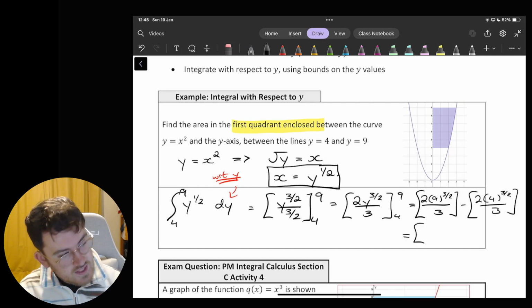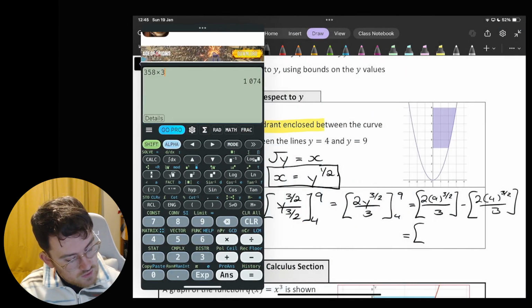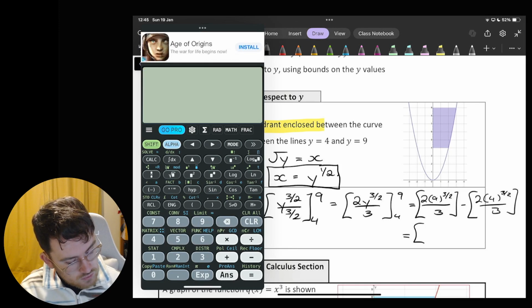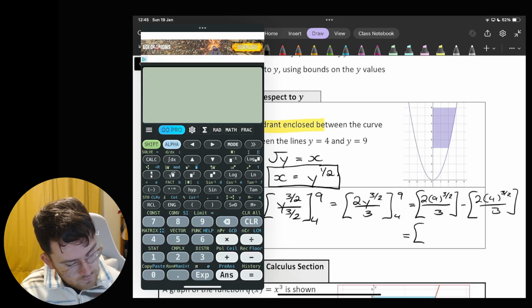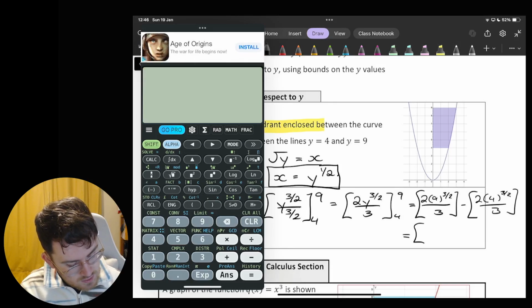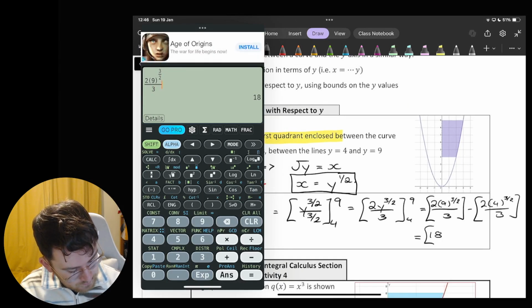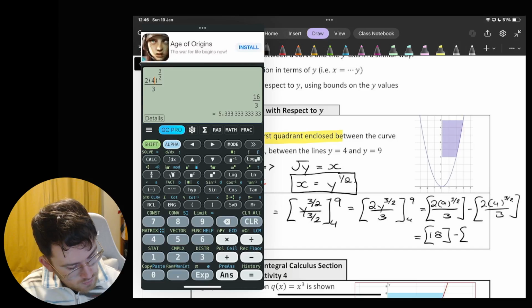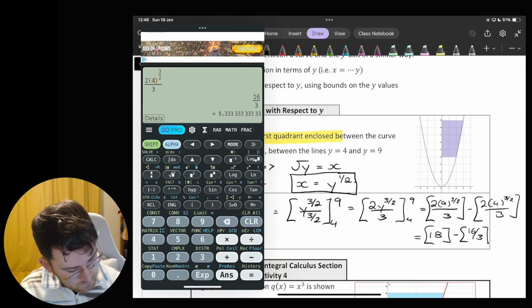Okay, so let's evaluate some of these values for ourselves. So 2 times 9 to the power of 3 over 2 all over 3 is 18, minus 2 times 4, 16 over 3.